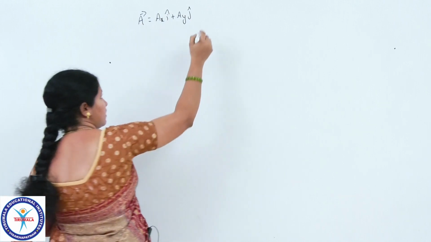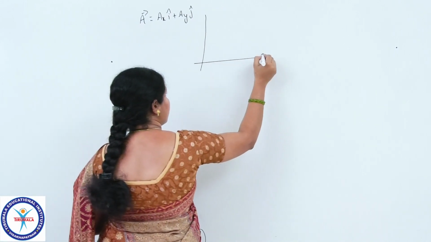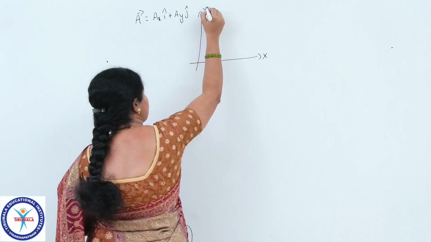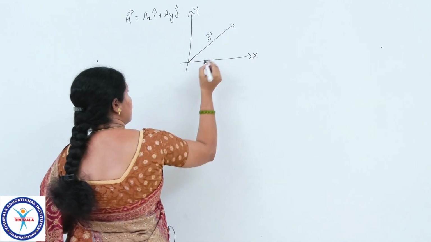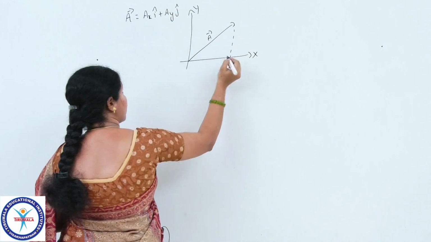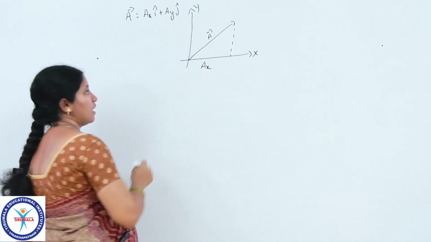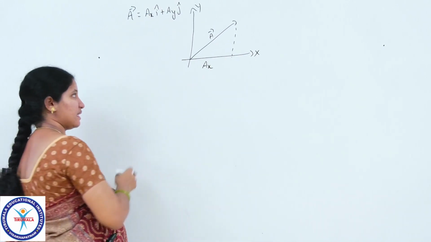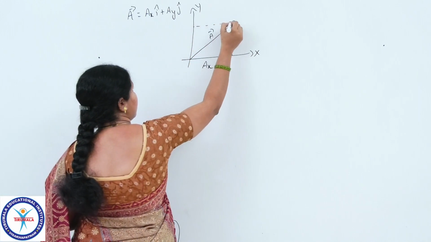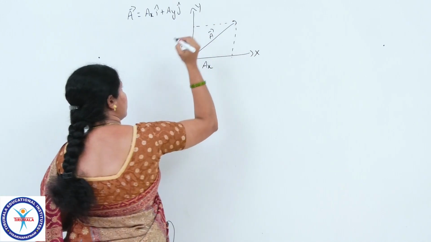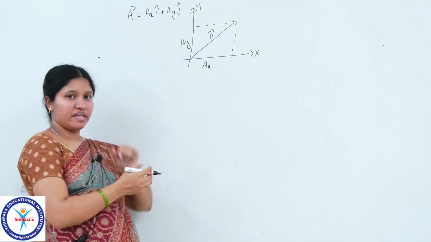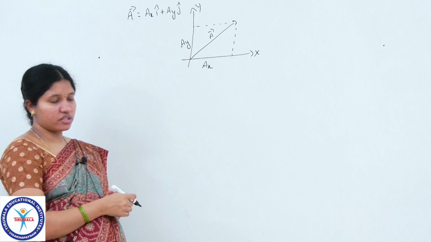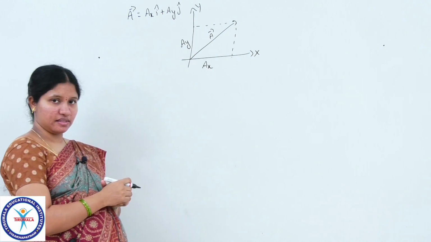So, if we consider the rectangular coordinate system with x and y axis and A bar is a vector, then Ax is the magnitude along x axis and Ay is the magnitude along y axis, and we can also call Ax and Ay the components of the vector along x and y axis.